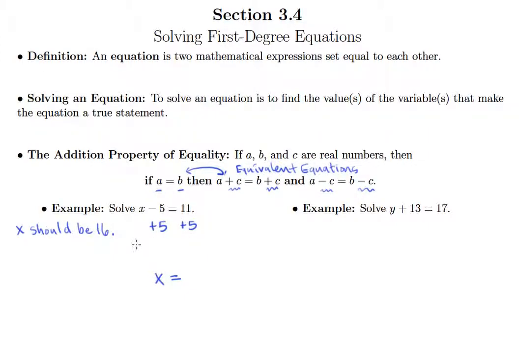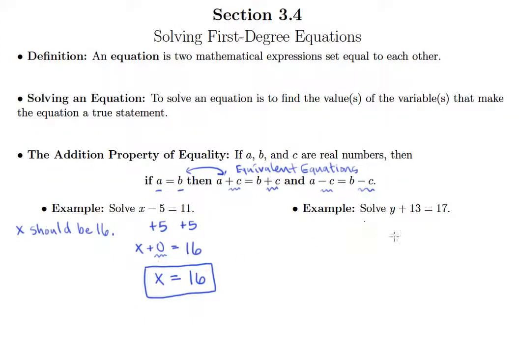So what we have is x plus 0, because negative 5 plus 5 is 0, equals 11 plus 5 is 16. And of course, we know x plus 0 is just x. Normally I don't need you to show this, but I'm just proving a point that negative 5 plus 5, we're just going to add the opposite of what we have there. So x equals 16 is our solution.